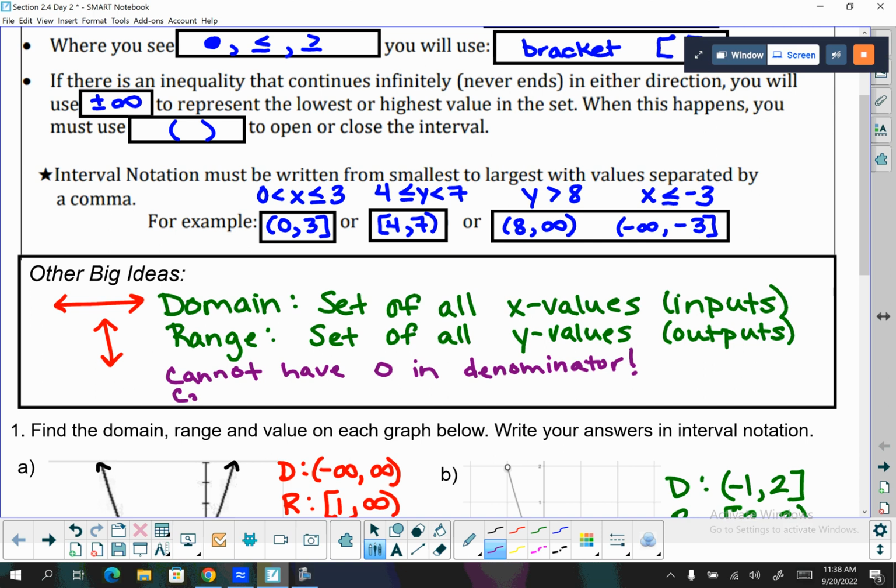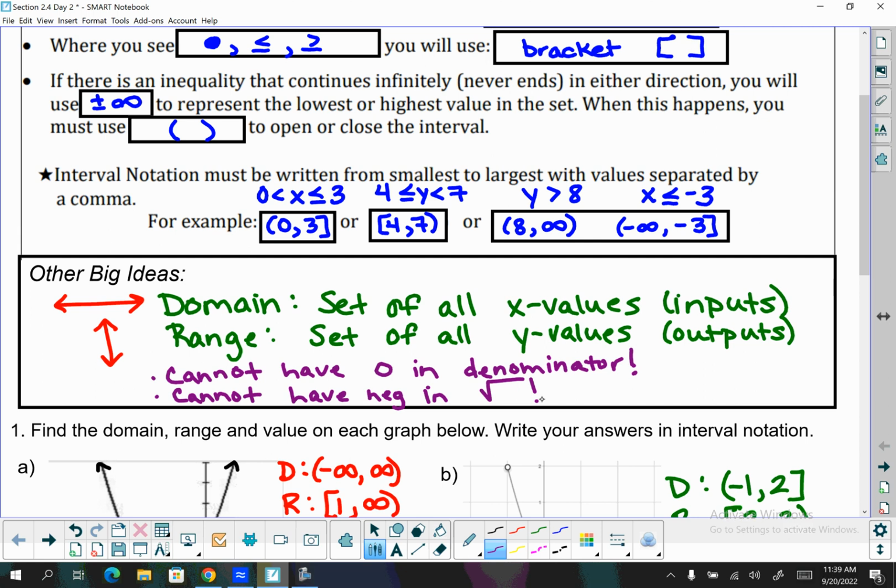And then the other domain issue we're going to encounter is you cannot have what under a square root. You cannot have a negative number in a square root. So that's the other piece we're going to hunt for. What x's would potentially give me a negative under a square root or give me a 0 in the denominator?